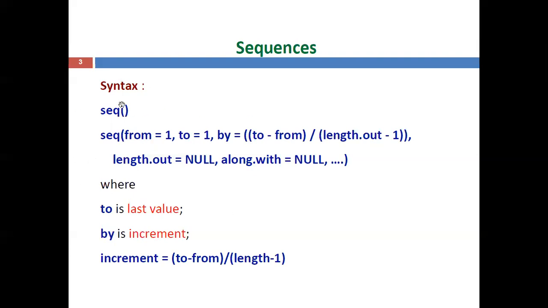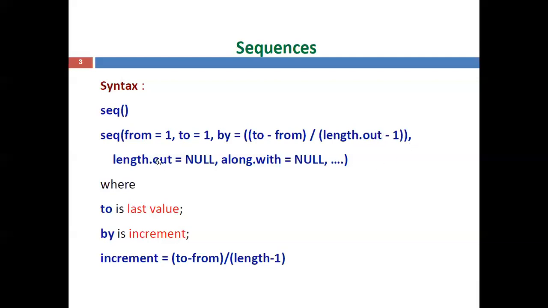You can recall the syntax for creating a sequence using seq with small letters. seq consists of from, by default 1, then to, and by. By is the increment value, calculated as (to minus from) divided by (length.out minus 1).